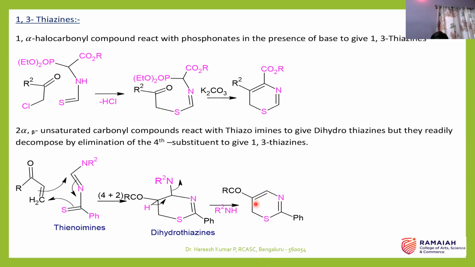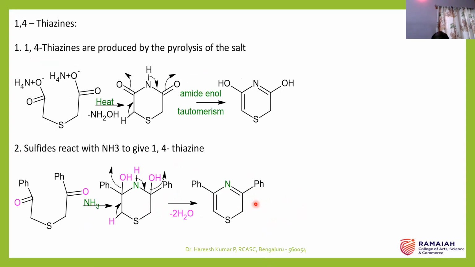We'll go to the next one, that is 1,4 thiazines. So this is 1,4 thiazines. Suppose there is no sulfur, up to this is ammonium acetate. This is also an ammonium acetate, so it's a salt. What will happen when this salt is heated? If you have any doubts, you can ask.